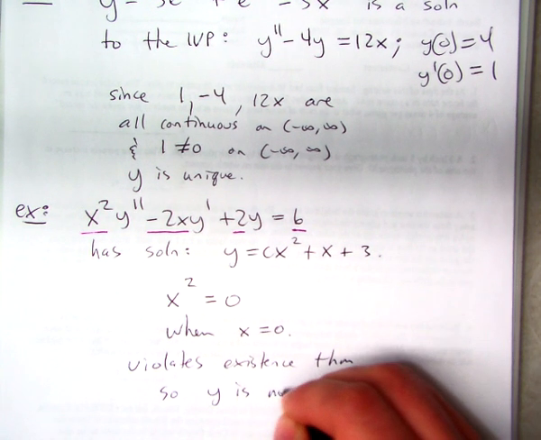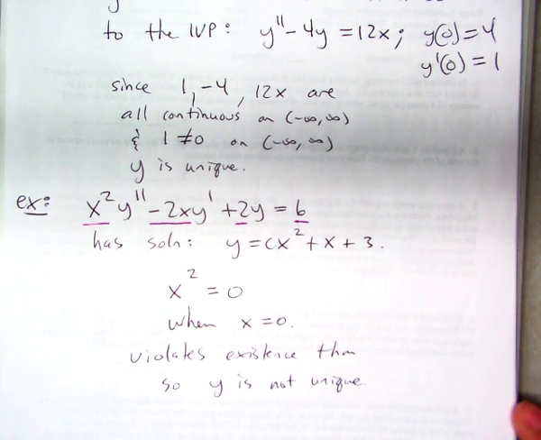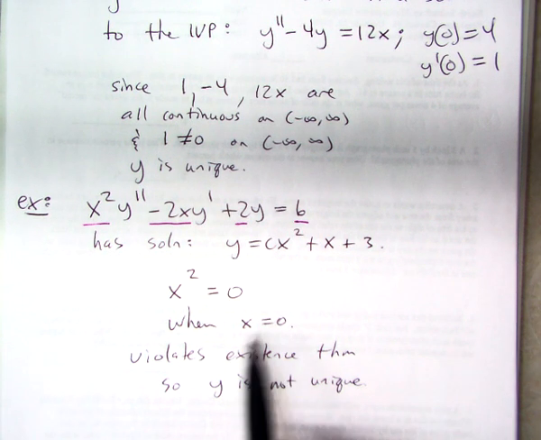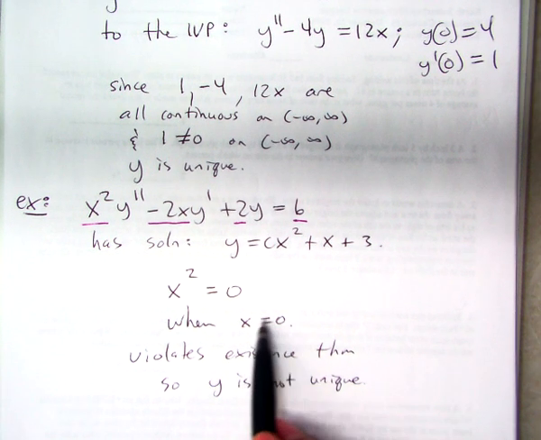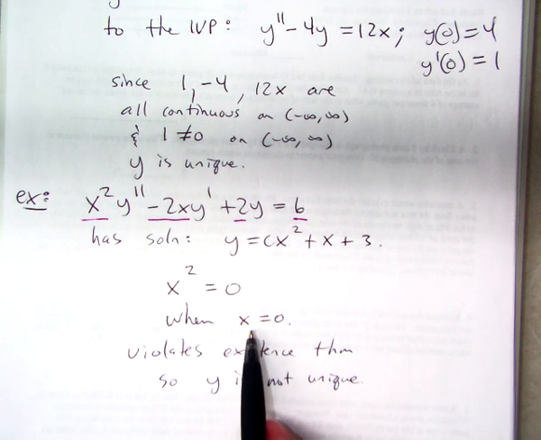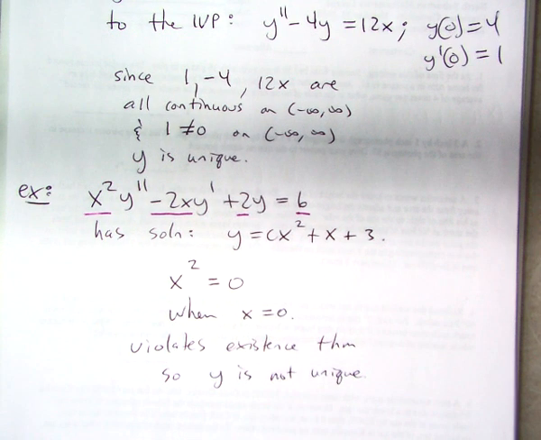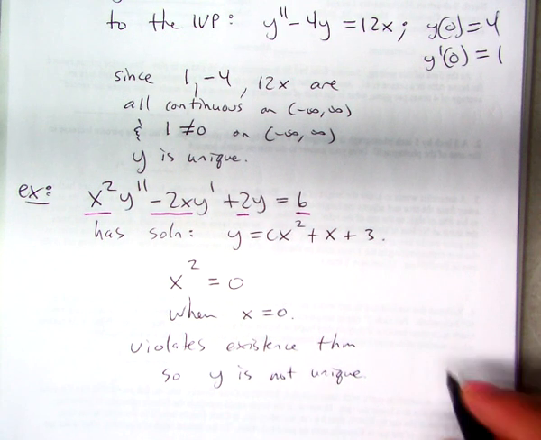So y is not unique. Well, maybe we should say it's not guaranteed to be unique, but if we have an IVP and maybe we're looking at a different interval, not including 0, then we're okay, but since we don't know where we are, this is what we can say. Okay?